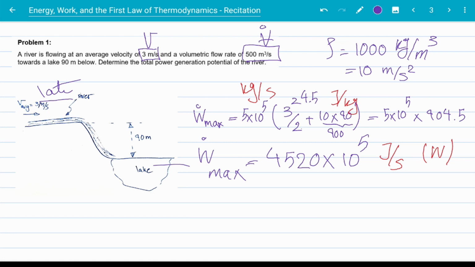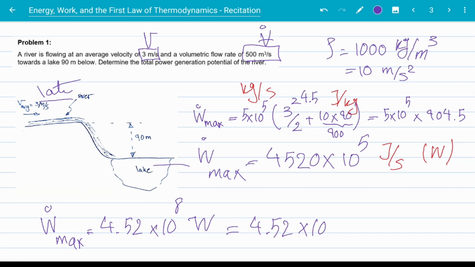But it's more convenient to express the power with a unit that doesn't have this many zeros. So you can say, hey, W dot is 4.52 times 10 to the power of 5 kilowatts, or 452 megawatts.